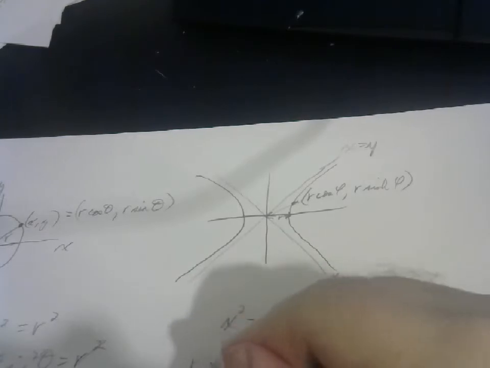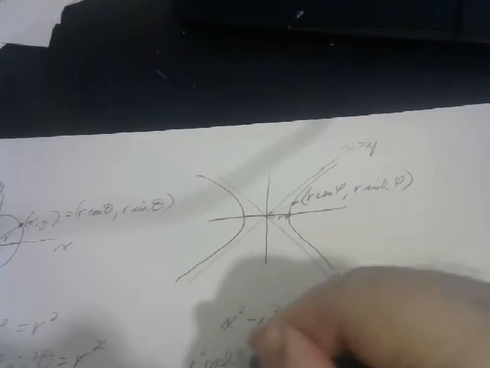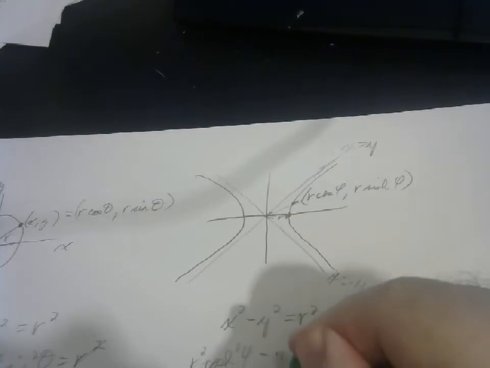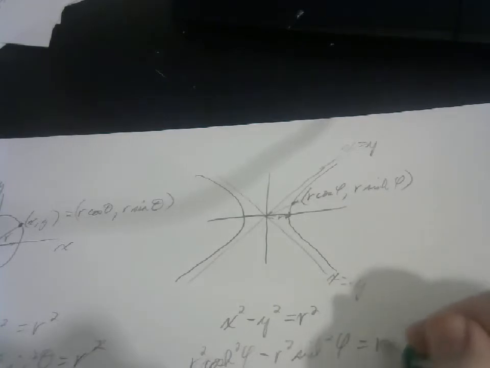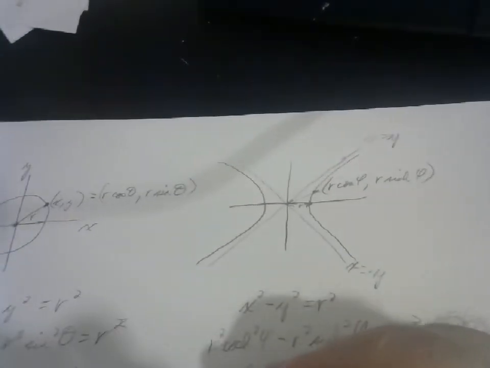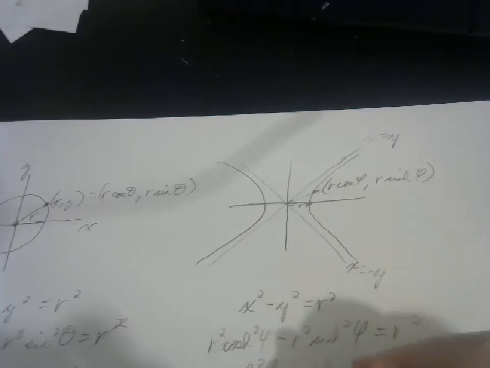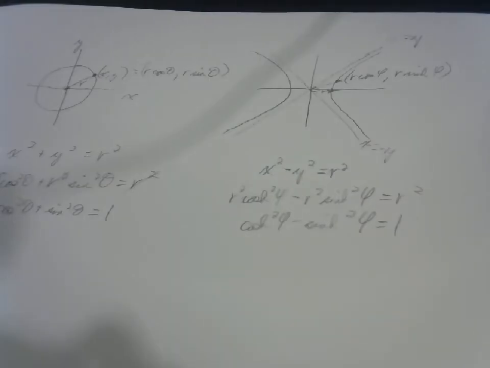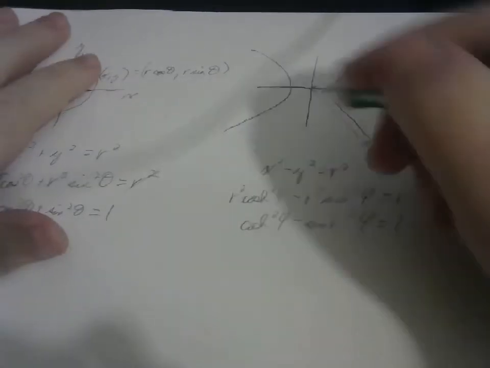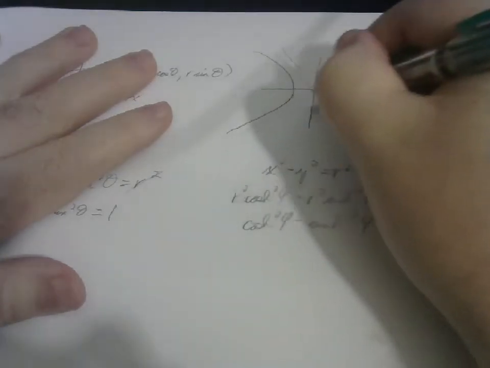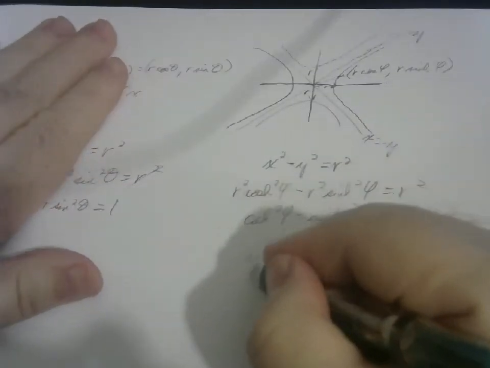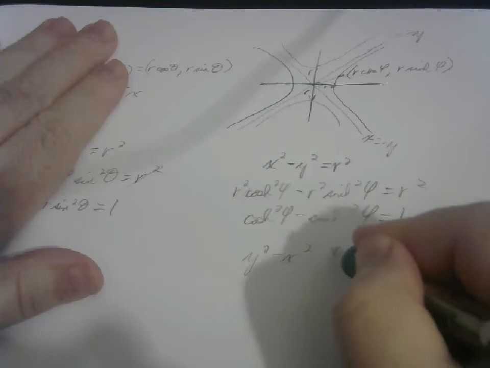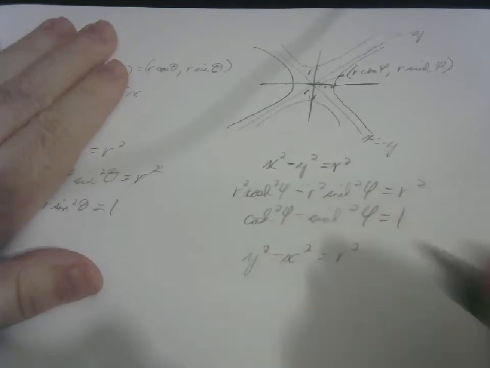And this becomes r squared cosh squared phi minus r squared sinh squared phi equals r squared, or simply cosh squared phi minus sinh squared phi equals 1. Now you can do the same thing with these two hyperbolas, with r being this distance, but in that case it's y squared minus x squared equals r squared.